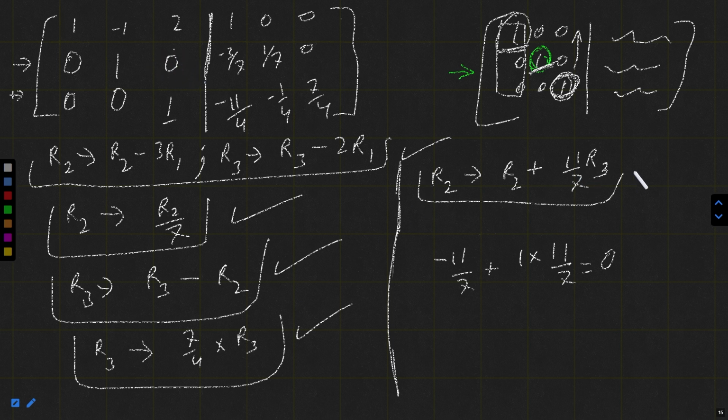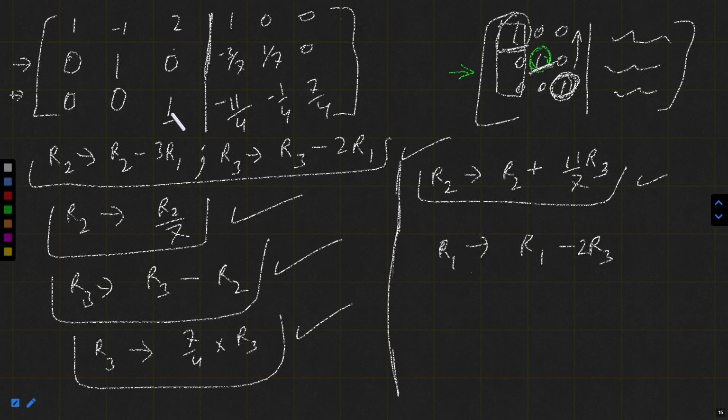Simple. Okay. Now I want this to be 0. So I will be getting this by using a very simple thing, which is R1 will be R1 minus 2R3. Yes. So 1 minus 0. So minus 1, 0. Okay.